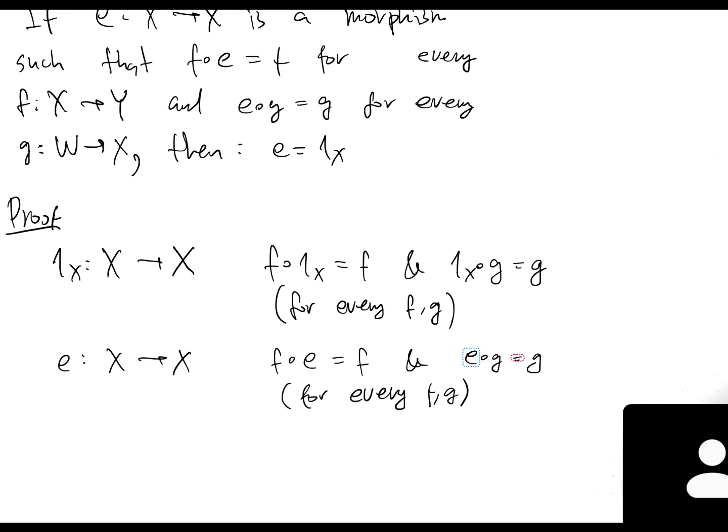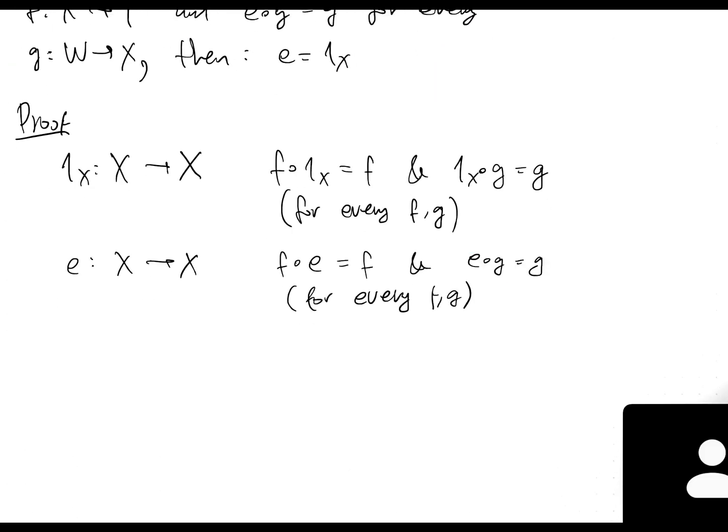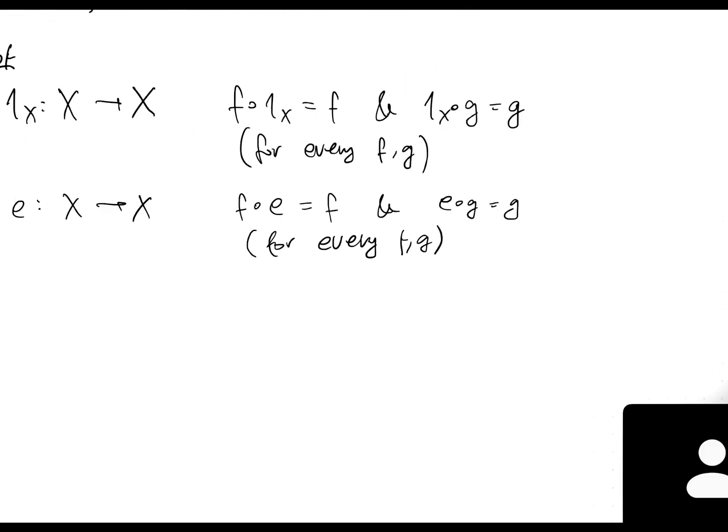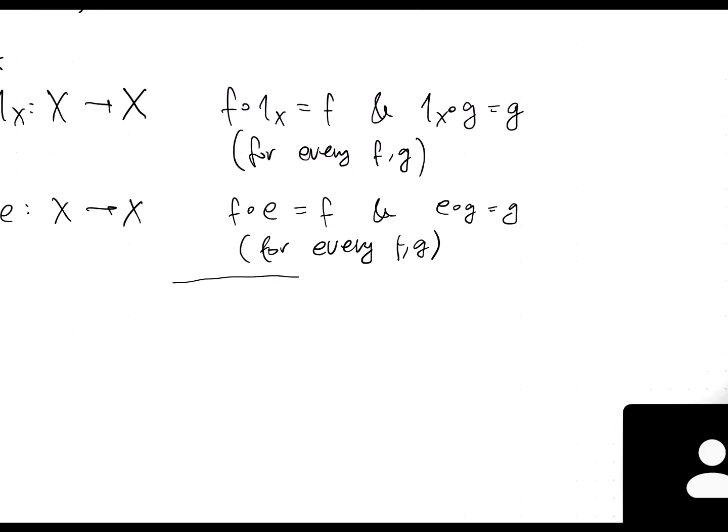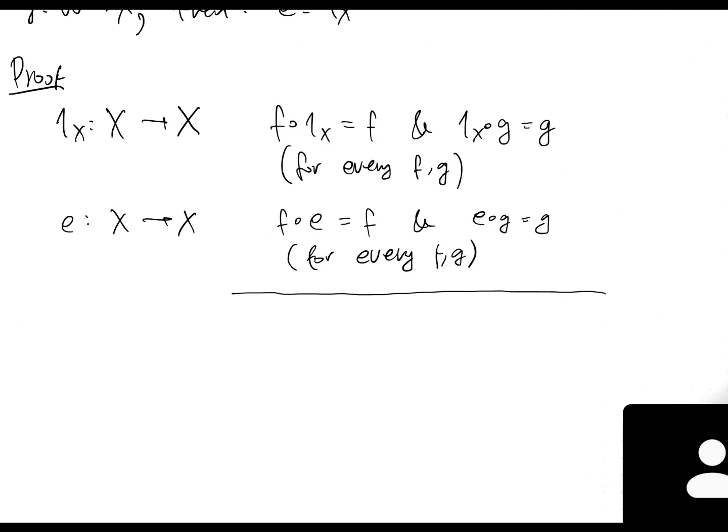And now we want to see how we can derive from these two things, and usually in logic one puts this beautiful horizontal line to indicate you want to derive something. So the question is how to derive that E equals identity.